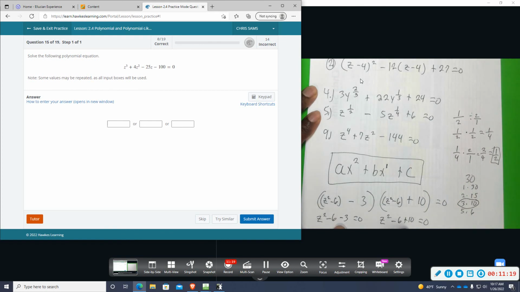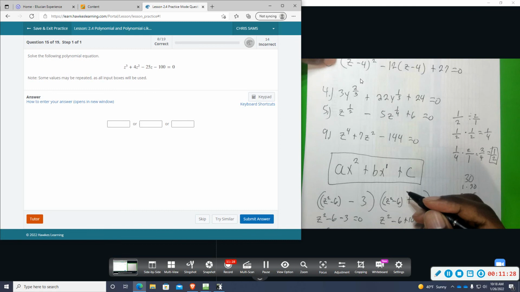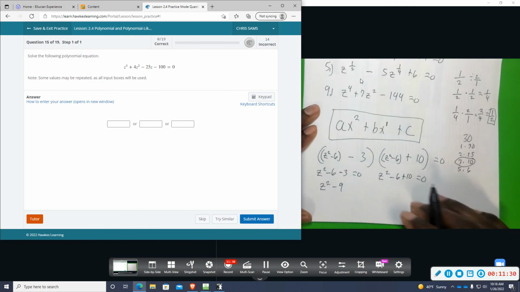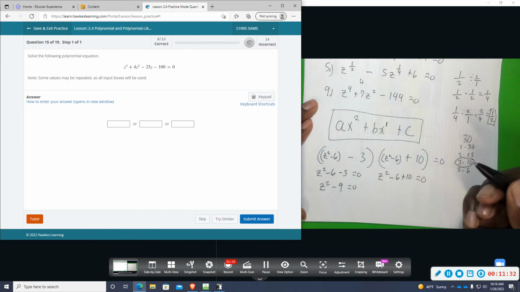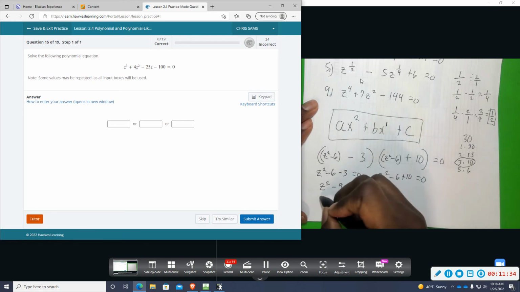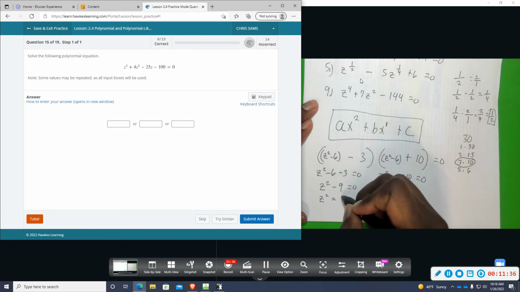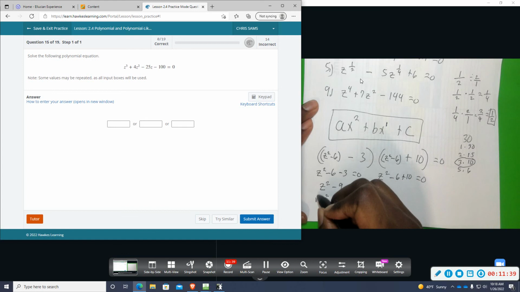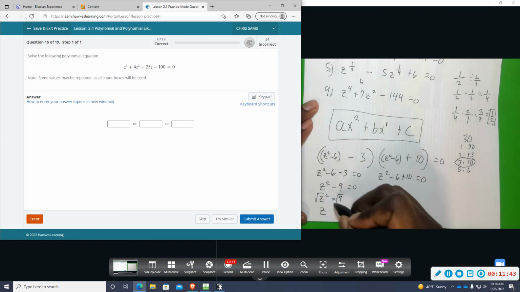You can simplify these, so this will give us z squared minus 9 equals 0. You add 9, so that gives me z squared equals 9, and then you do the square root, and when you take the square root of the number, you have to remember plus or minus. So z equals positive or negative 3.